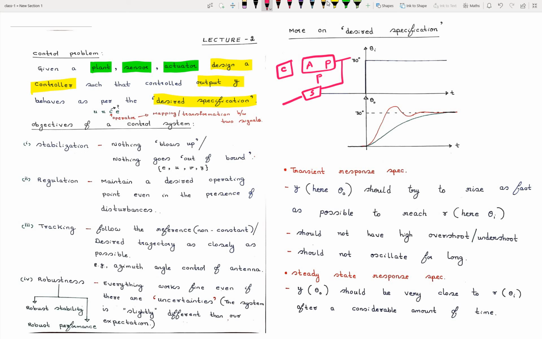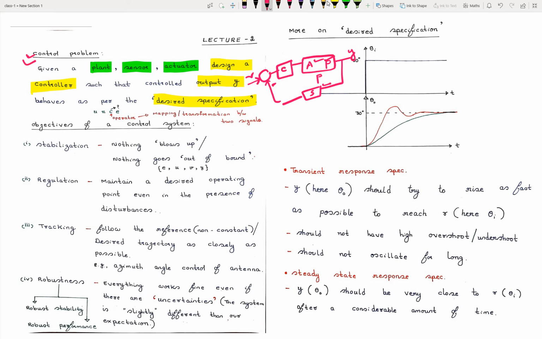For the given data of plant, actuator, and sensor, we design the controller. Here it will be in feedback form. We design the controller such that the output Y behaves as per the desired specification. This is what we highlight as the control problem.